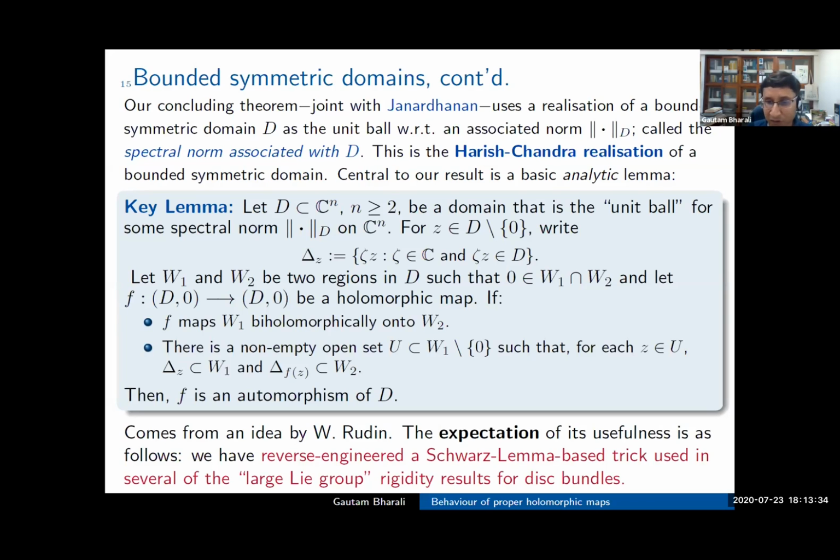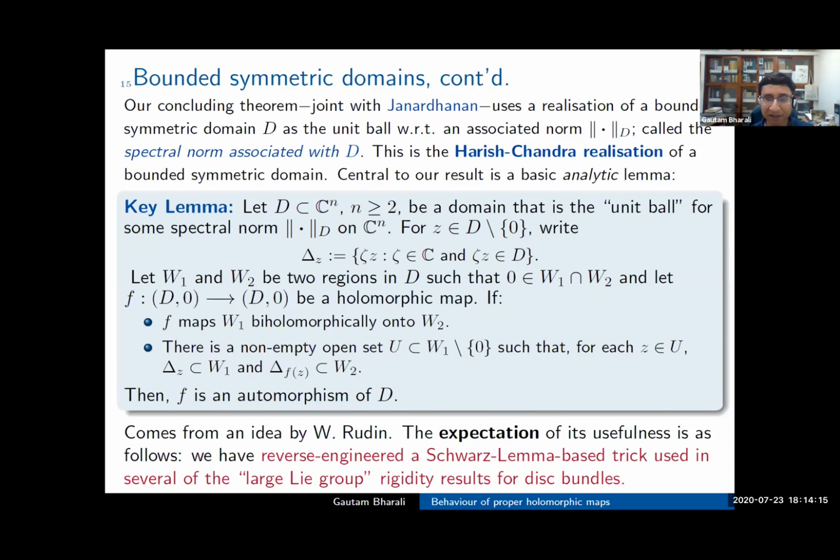So I just want to talk about where this lemma comes from, because it looks really, really technical, right? Now, this is a lemma due to Walter Rudin, not in this specific form, but Rudin reproved the Alexander theorem using ideas, really analytical arguments. But this is a general statement about spectral norms, and our expectation that this lemma was going to be useful is as follows.